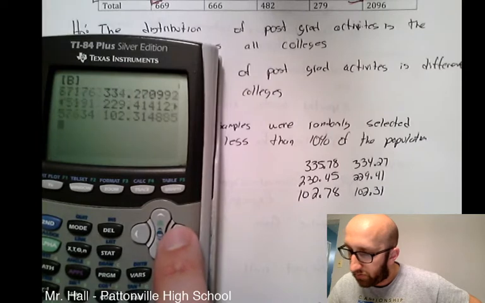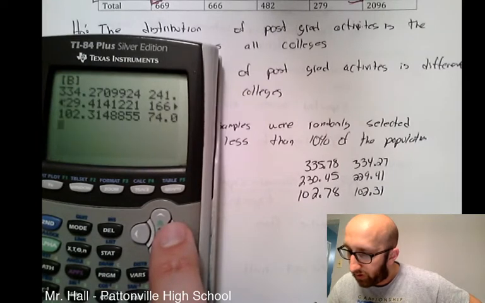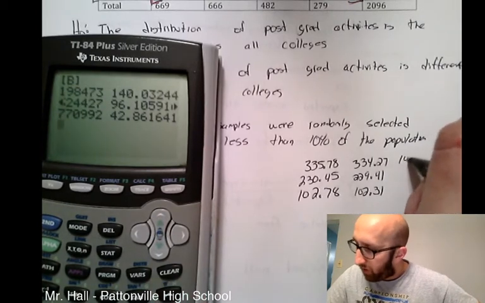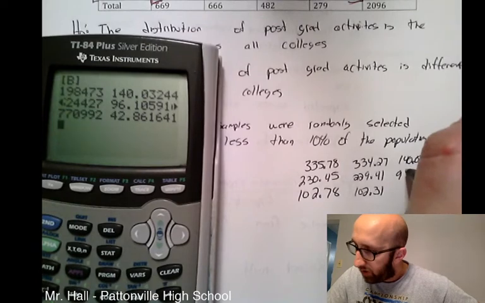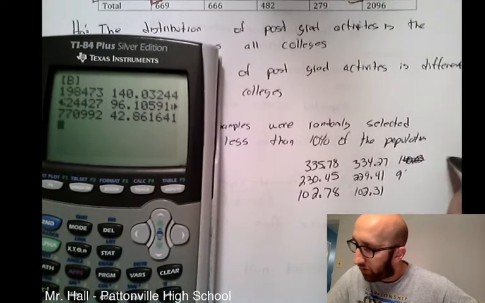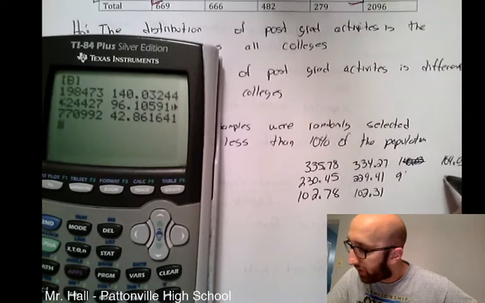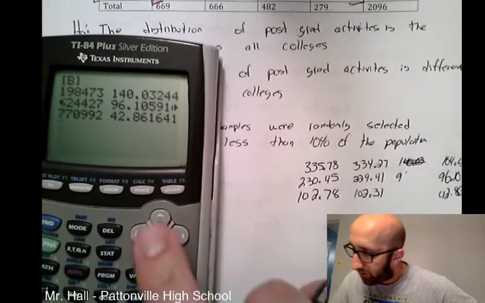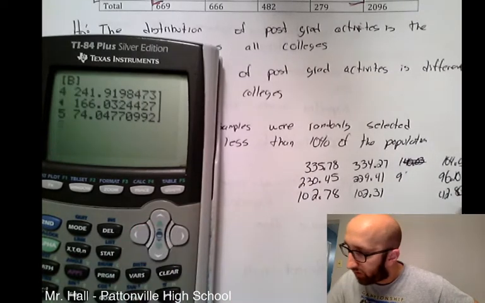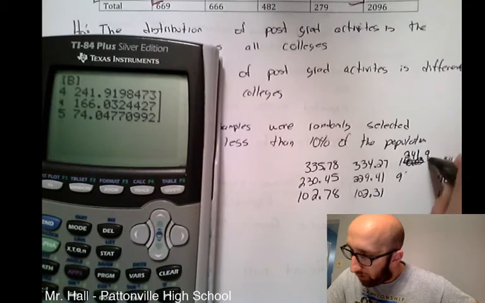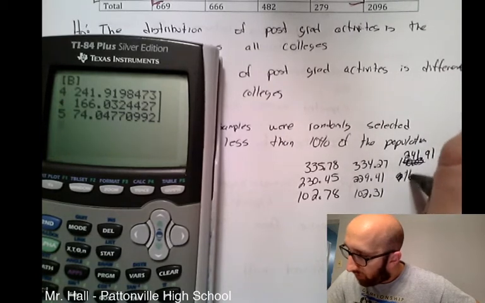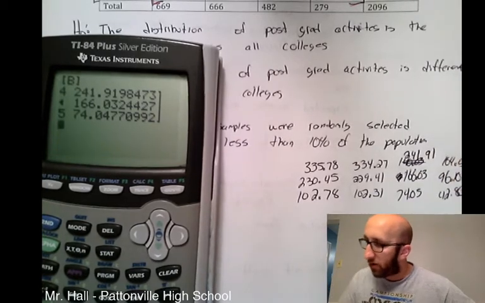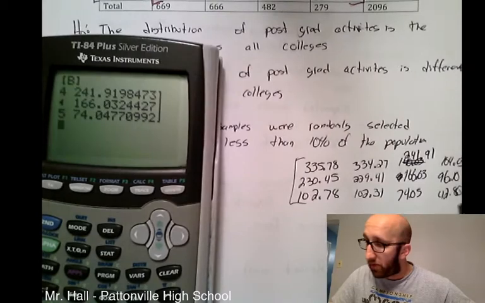The final column, 140.03... no, that's not it. It jumped around, it's kind of being a pain right now. 96.10, 42.86. I'll go back and get this one. There it is. 241.91, 166.03, 74.05. A little bit messy, but we did get them all down.